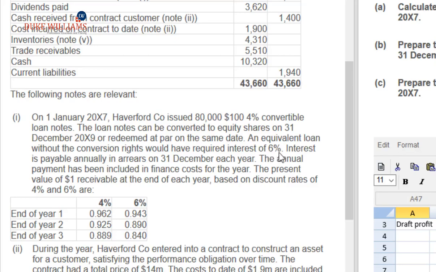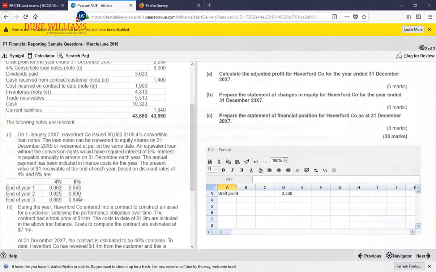So we use the 6% of an equivalent loan without conversion right to scoop out the debt, and we're going to use that as the discount factor. So the discount factor to be used straight away is 6%, not 4%. Take note of that.